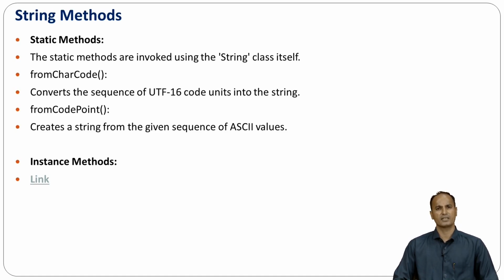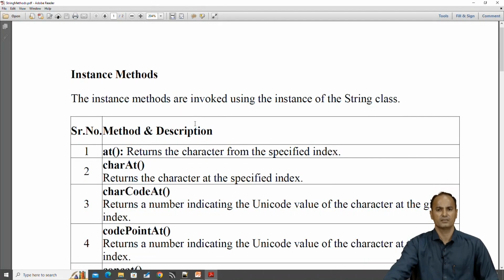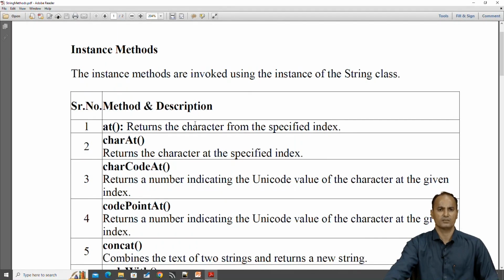These two are the static methods of strings in JavaScript, while the rest are instance methods of the string, which we will see one by one. Various instance methods are available in a JavaScript string object, and we can manipulate strings using them. Practically we will check it.